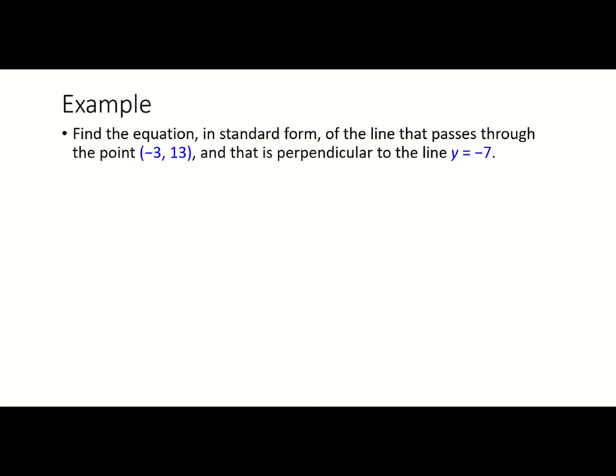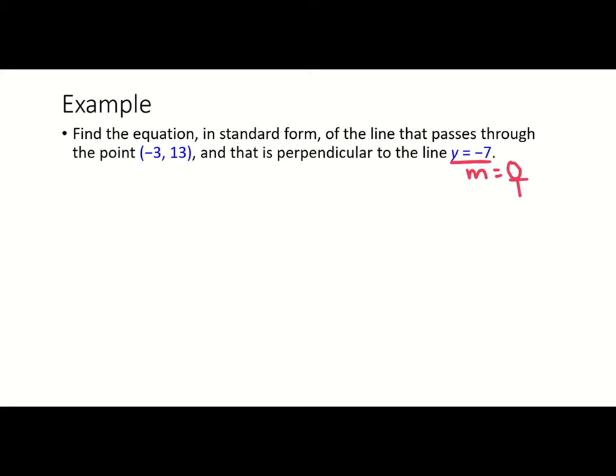It's a little tough because they give us the equation y equals negative 7. Now, question, what is the slope of a y equals line? Remember, it's a horizontal line, so our slope is 0. If I'm trying to find the opposite and the reciprocal, the opposite of 0 is 0, and there is no reciprocal because you can't have 0 on the bottom.